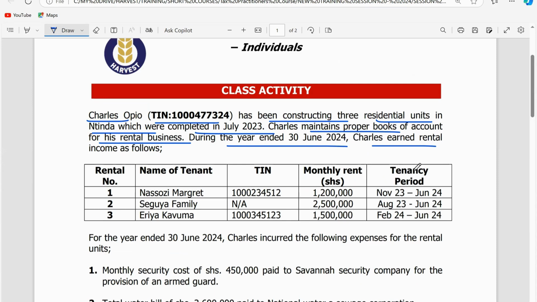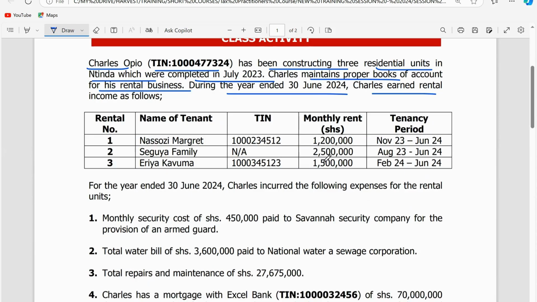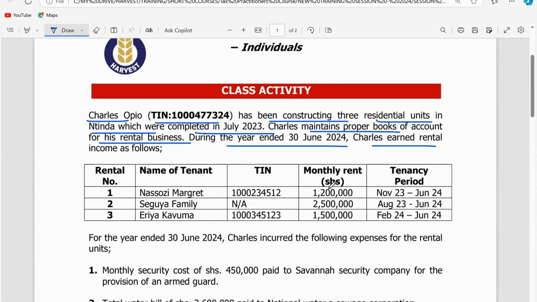The tenancy period, Charles has given you. Of course, I mentioned that you don't just take this summary as it is. You need to do an administrative review of the books to ensure that these are the correct details. We shall be seeing that. What are you going to review?